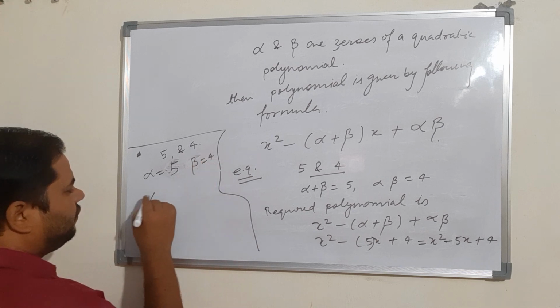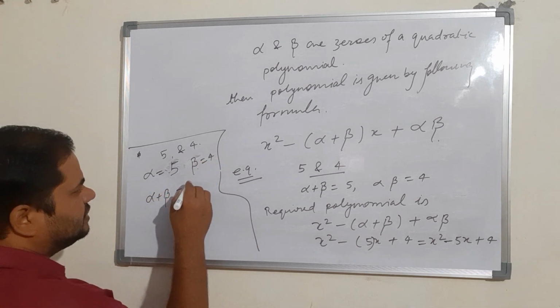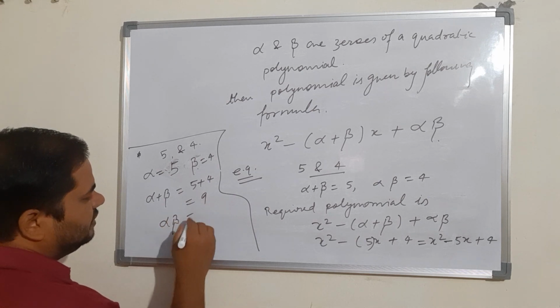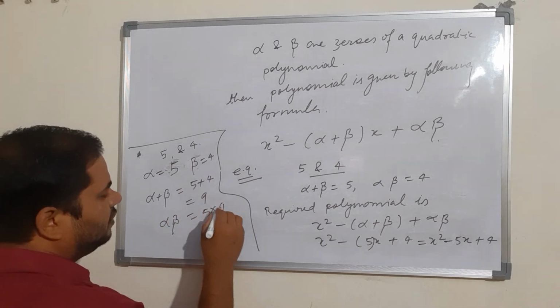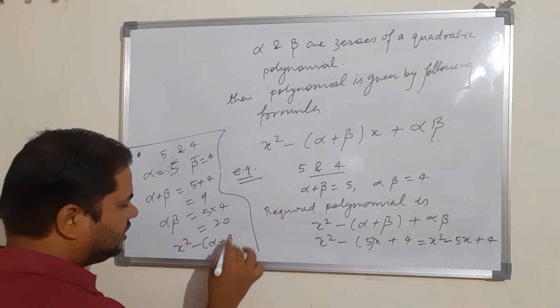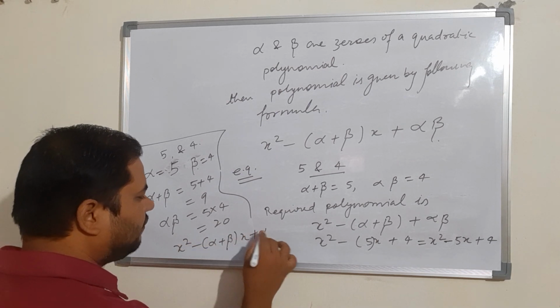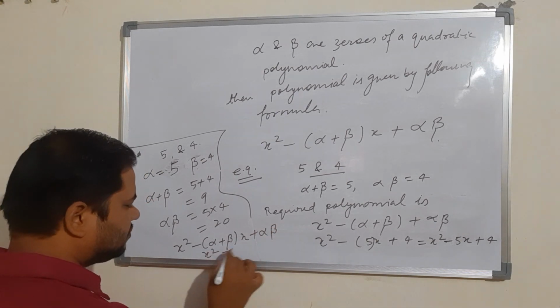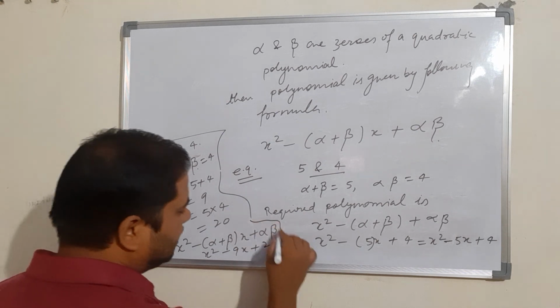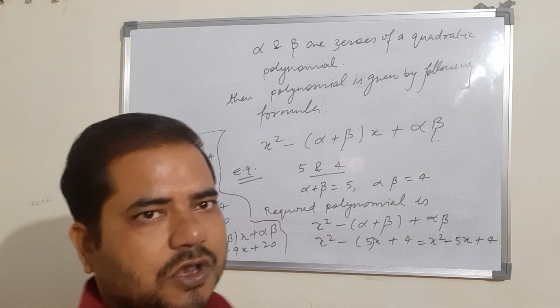So first find alpha plus beta, this is 5 plus 4, 9, and alpha beta is 5 into 4, which is 20. Hence the polynomial is x square minus (alpha plus beta) x plus alpha beta, so this is x square minus 9x plus 20. In this case, this is the polynomial.